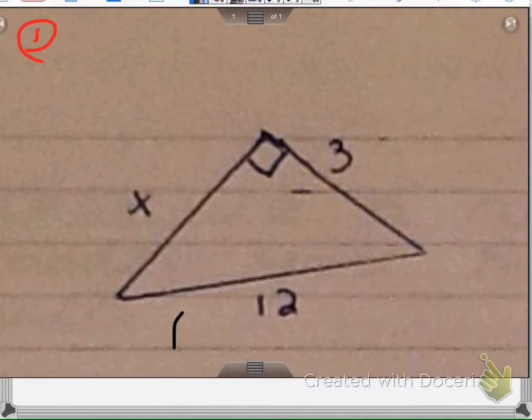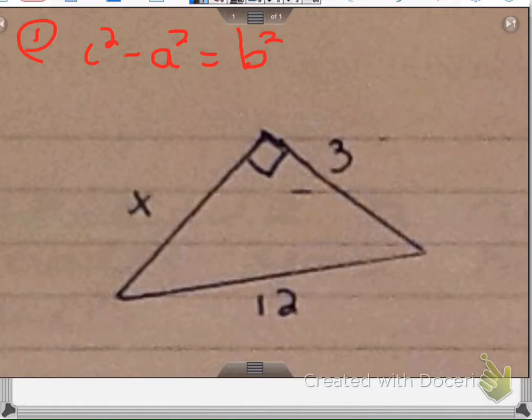Number 1, I have side C here across from the right angle, and this is either A or B, and this is either A or B. So I'm going to use C squared minus A squared equals B squared.